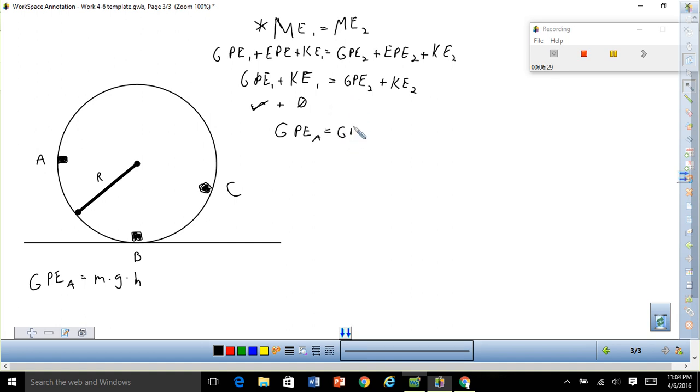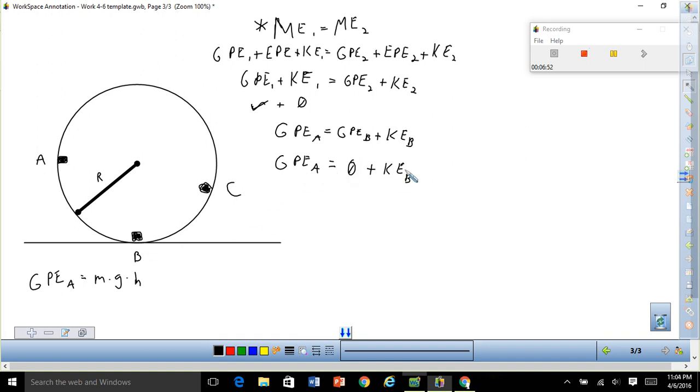Well, then GPE at point B plus the kinetic energy at point B. And if GPE at point B, since the height is 0, then that makes the gravitational potential energy 0. Then we find that whatever the gravitational potential energy was at A, well, that's also then the kinetic energy at B.